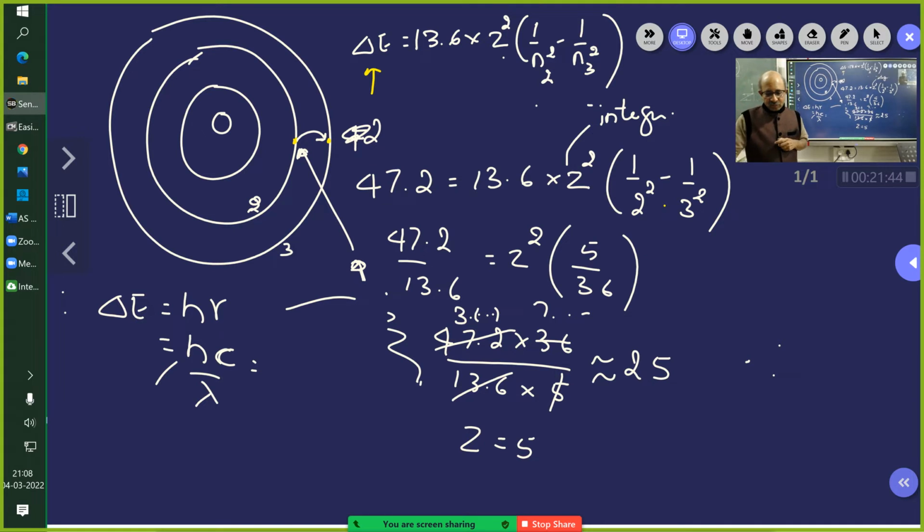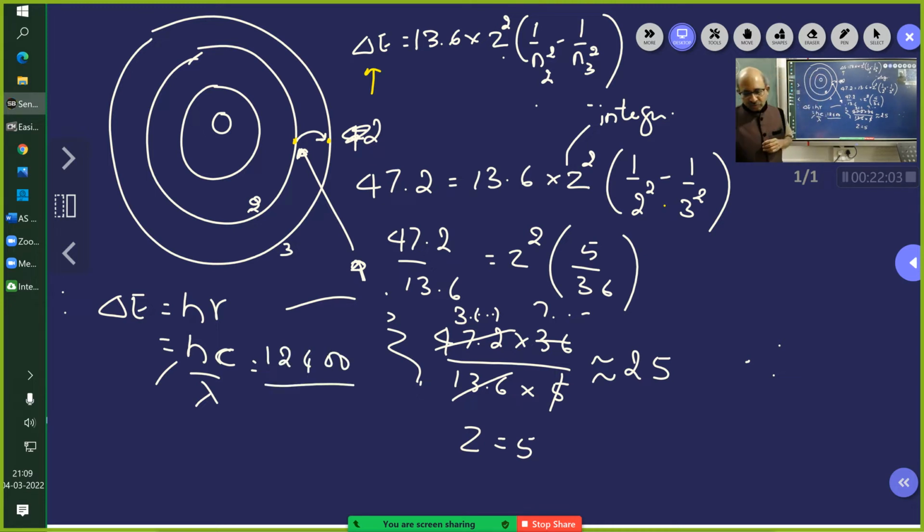If you convert it into electron volts, it is approximately 1.23 into 10 raised to minus 20. Usually we take this value to be 12400.